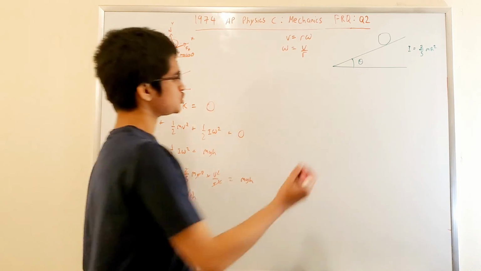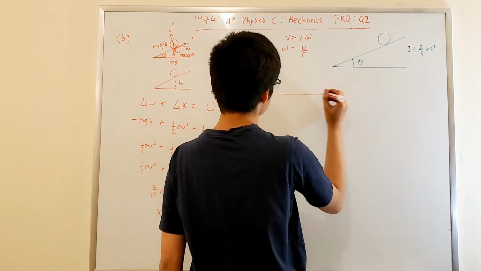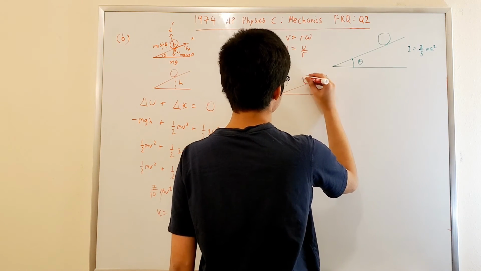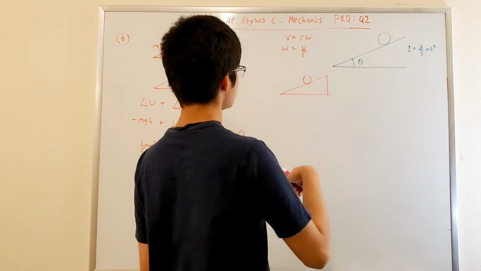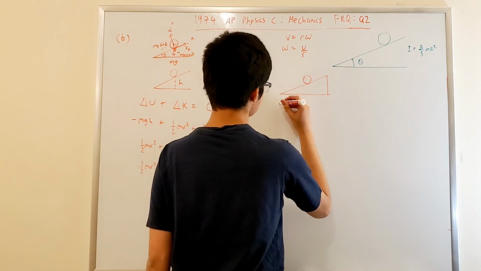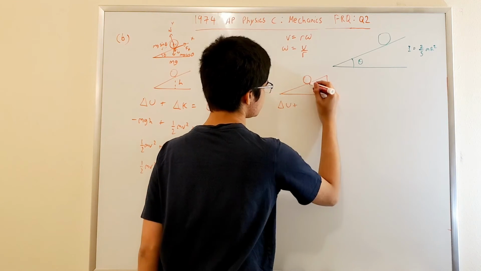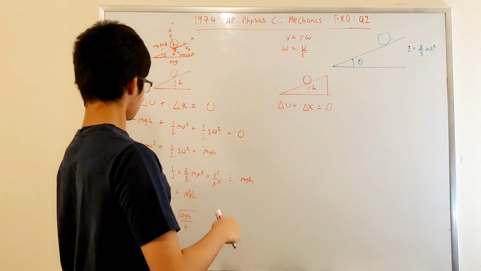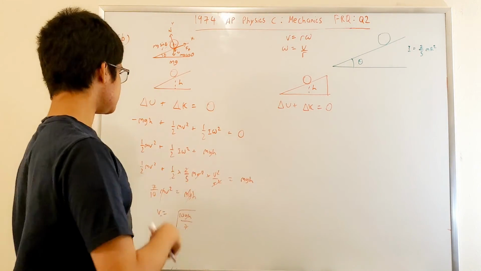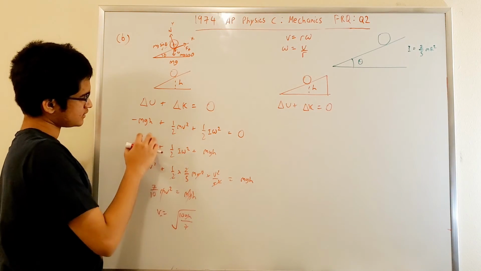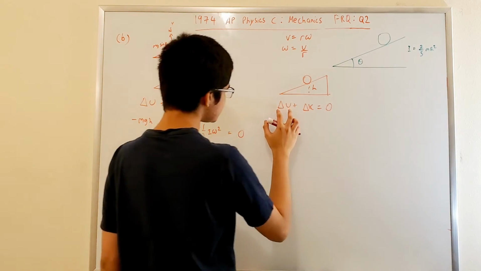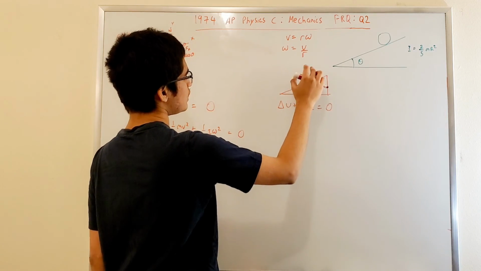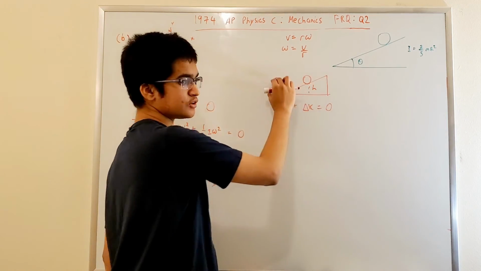Now let's think about the situation where the object is just sliding. Again, even here we can use our conservation of energy. The only difference, like mentioned earlier, is that our potential energy is going to be mgh initially and 0 at the end.